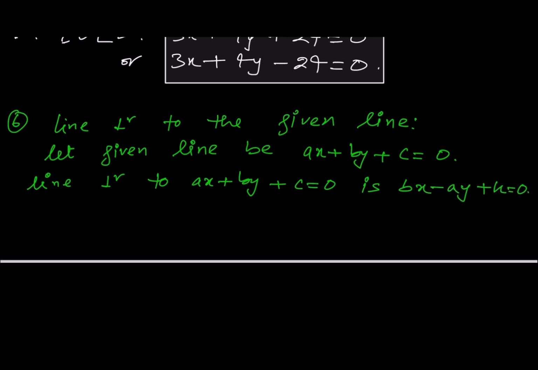So see here, if the line is perpendicular, then we have to interchange the coefficients of x and y and change the sign of one coefficient and the constant term. But in case of parallel lines, the coefficients of x and y remain the same, but we have to change the constant term.